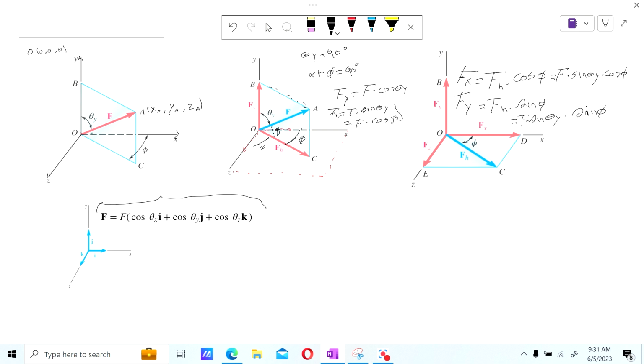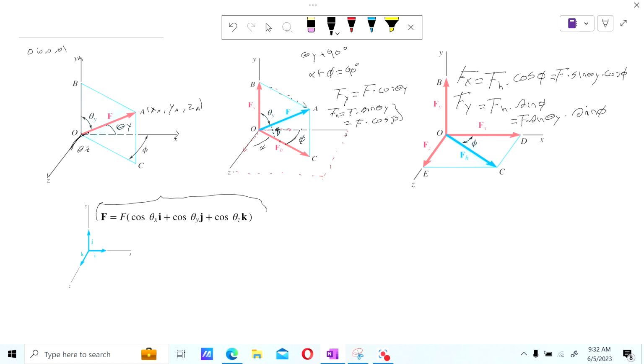Notice that they gave us theta y, so we could do this. In fact, we got that: it's F cosine of theta y. But they didn't give us the angle theta z, and they didn't give us the angle theta x. They tell us the angle of the projection. So this is the representation of the force with respect to the theta angles, and this is the compact form.